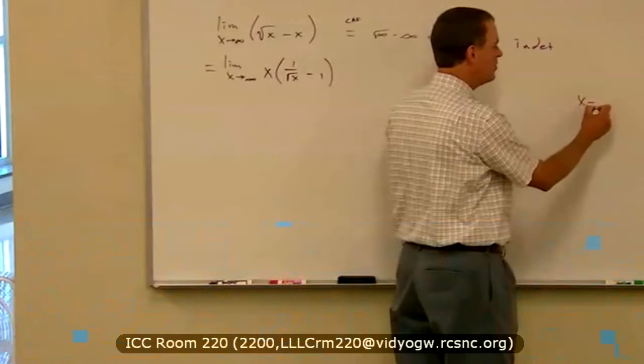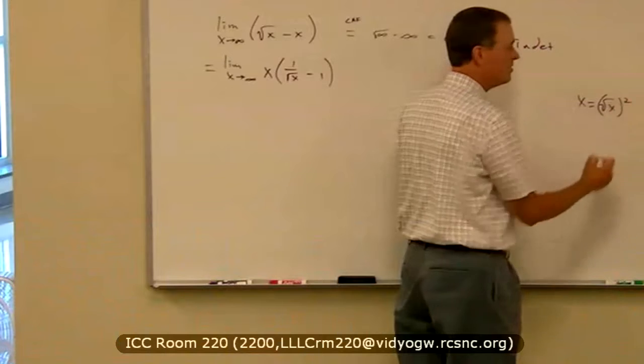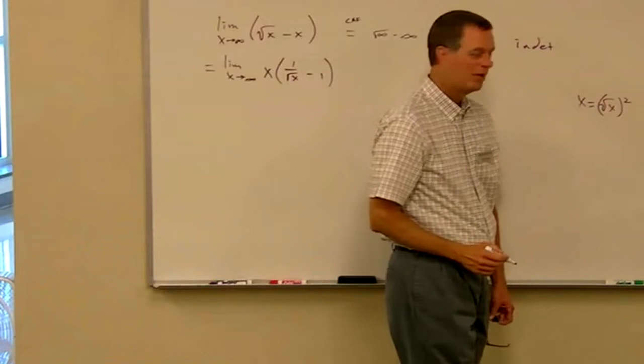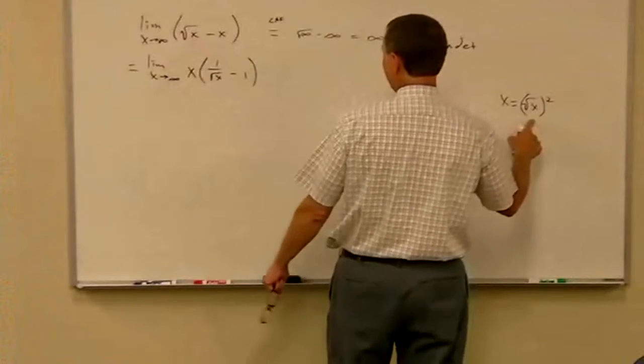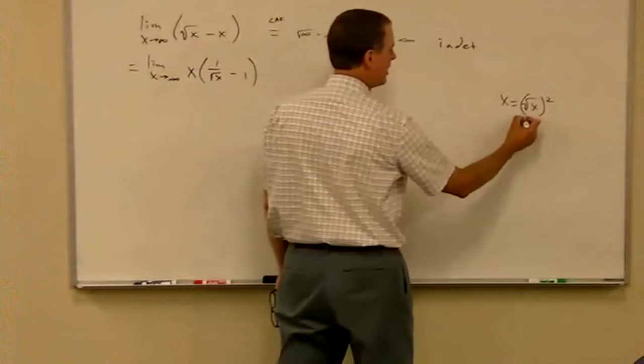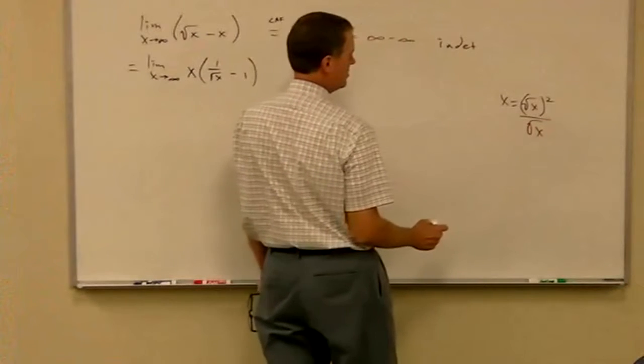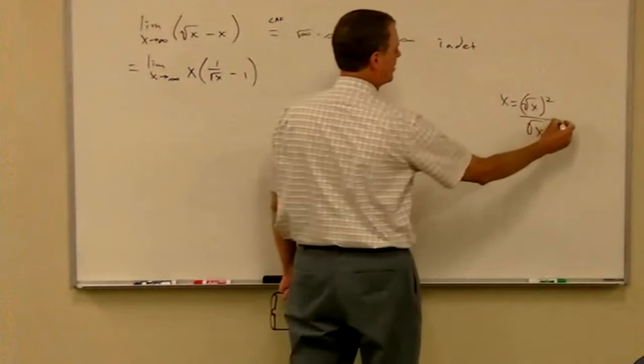If you multiply the square root of x by something that's divided by the square root of x, you're just going to get the square root of x. Do we all agree that x is equal to the square root of x squared? So if I divide the square root of x by the square root of x, I just get the square root of x, right?